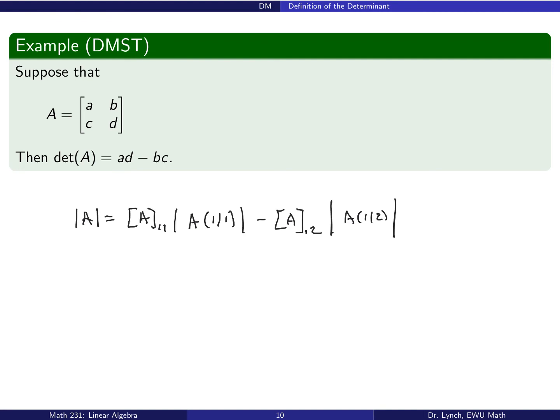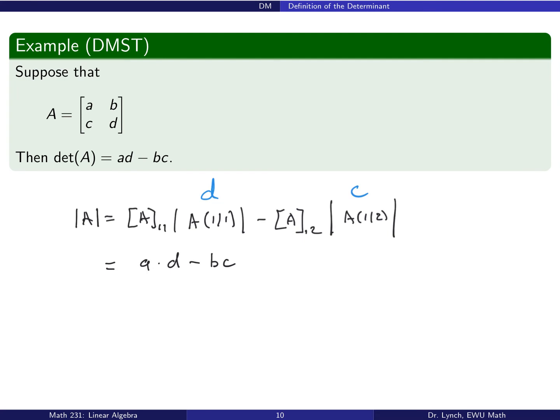By definition, the determinant of A is the element in the first row, first column of A times the determinant of the submatrix A11, minus the element in the first row, second column of A times the determinant of the submatrix A12. Of course, those submatrices are just 1 by 1 matrices, so their determinants are just scalars.